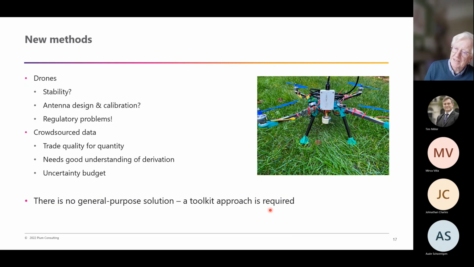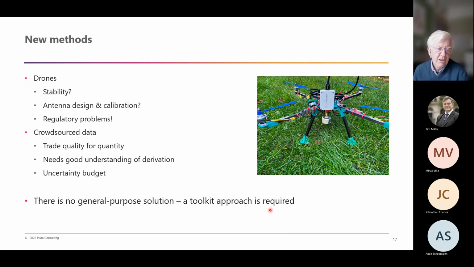It can be quite hard to make a good antenna that will provide reliable results when attached to a drone. But more of a problem we've found in trying to use these sorts of systems has been that safety regulations quite reasonably exclude you from using drones in many of the areas that you'd want to be making measurements in cities and built up areas.